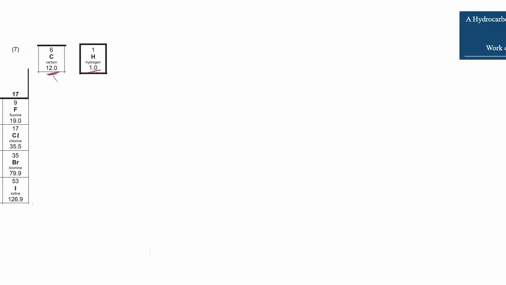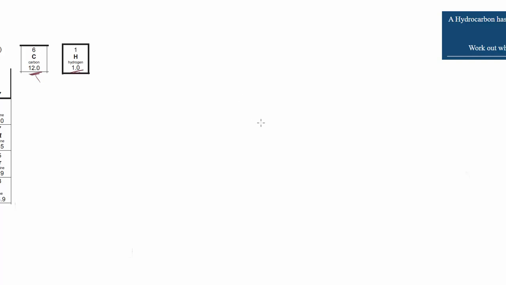Well, the molar mass in this case is just simply the same as the relative atomic mass. So for MR, and I'm going to use MR for molar mass, MR for carbon is going to be equal to 12.0, and the MR for hydrogen is going to be 1.0, right?